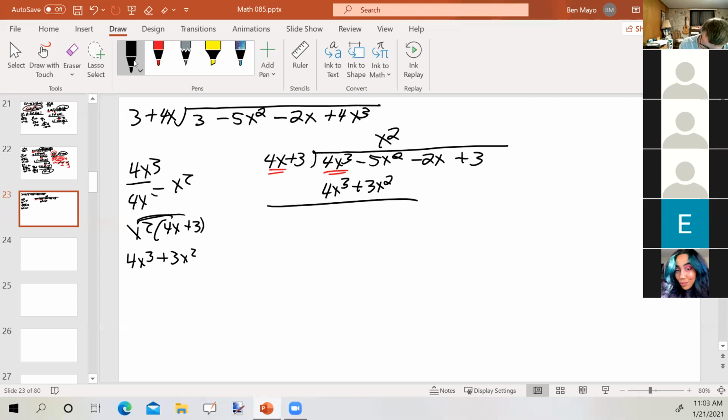We're going to subtract that quantity from what's up above. We're going to distribute the subtraction, changing it to addition of the opposite. 4x cubed plus negative 4x cubed is 0x cubed. Negative 5x squared plus negative 3x squared is negative 8x squared. Be careful, adding two negatives, you still get a negative.